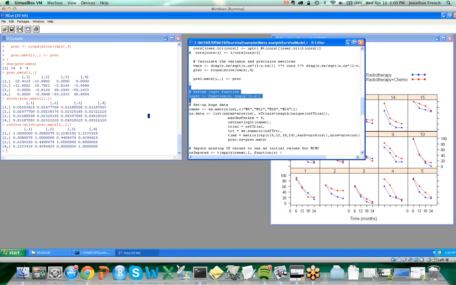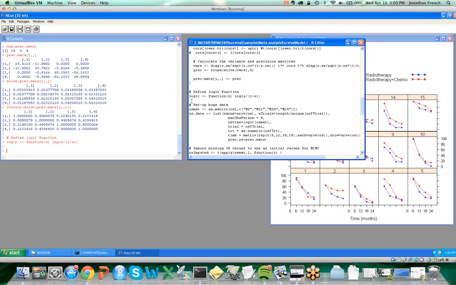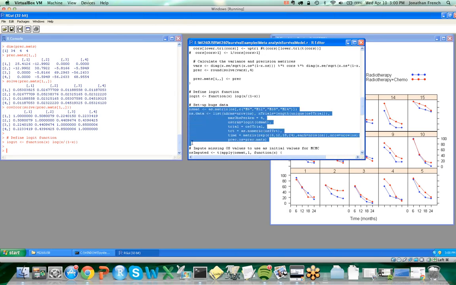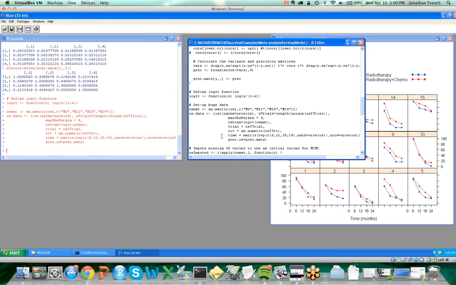Here's just defining the logit function that I'll use to then take a transformation of my survival data. So now I'm creating some data that I'll pass into WinBUGS, creating this list called OS data.